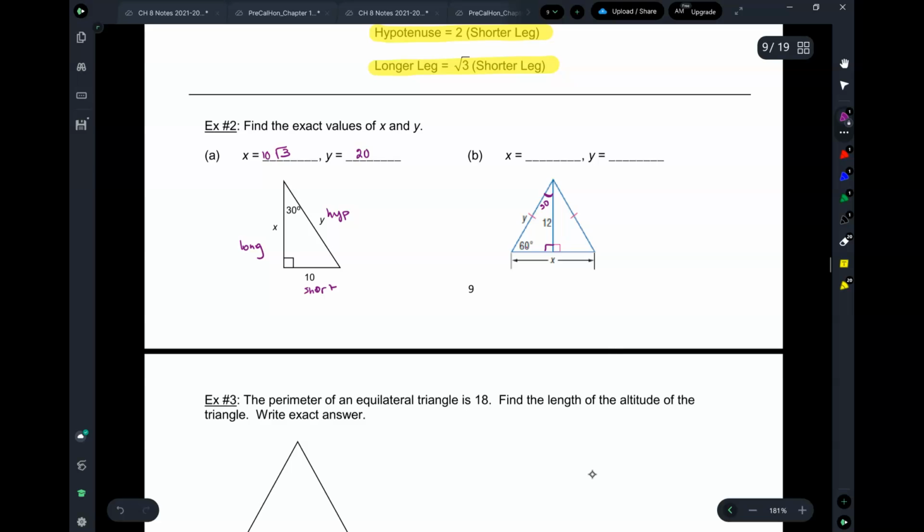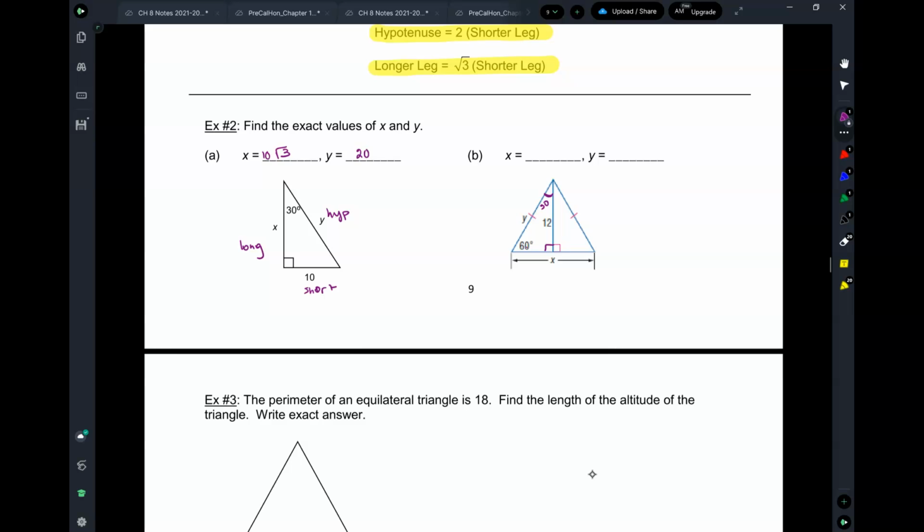Okay, that means in this triangle to the left, which one is the short leg? Is it X? It's half of X. Which one is the longer leg? The 12 is the longer leg because the Y is the hypotenuse, okay?